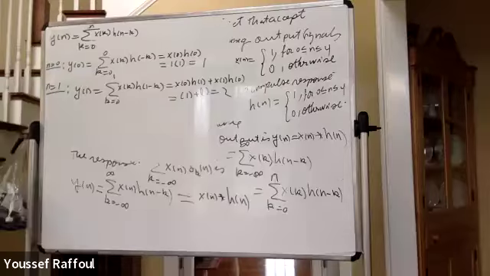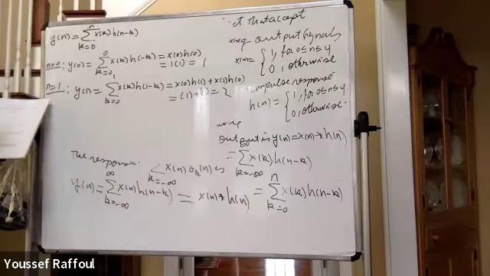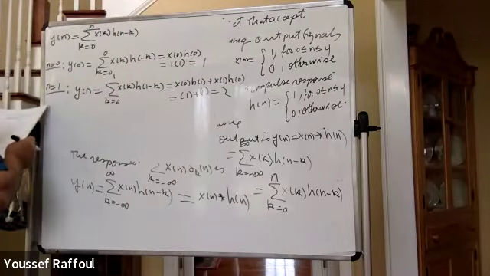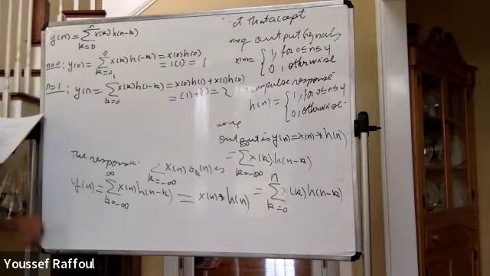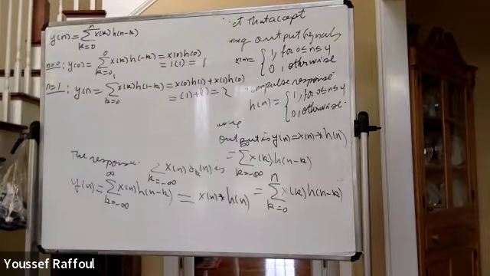And then you can get the rest of them. And so you can get y2, y3, y4, and then you can get actually so many of them.